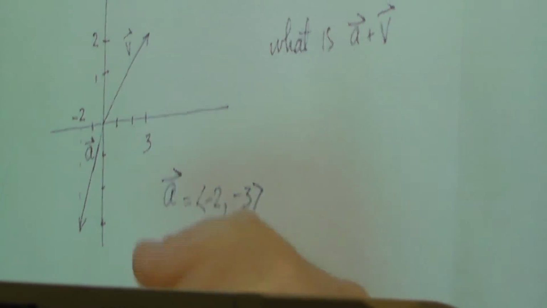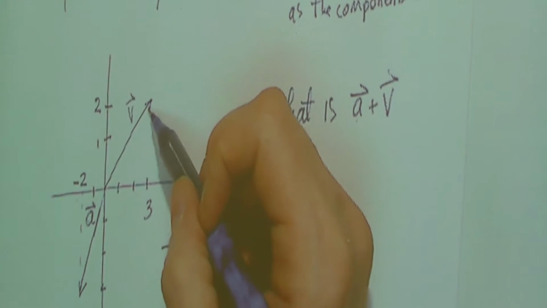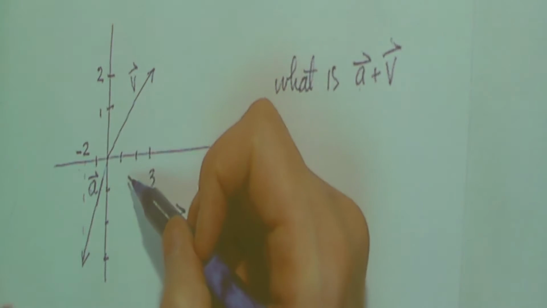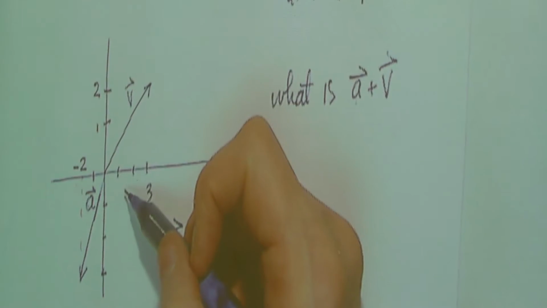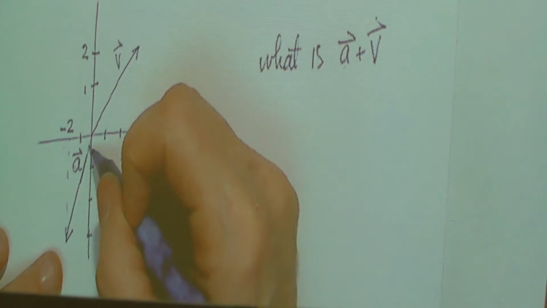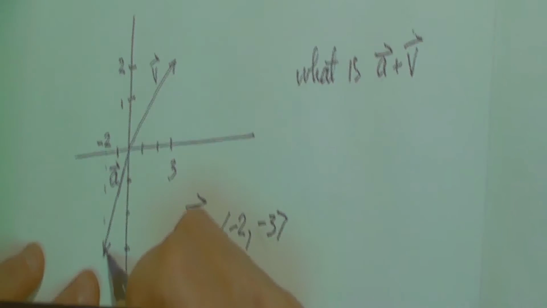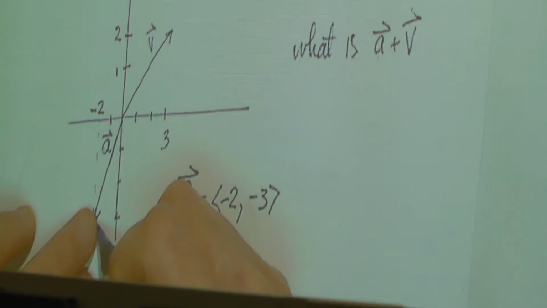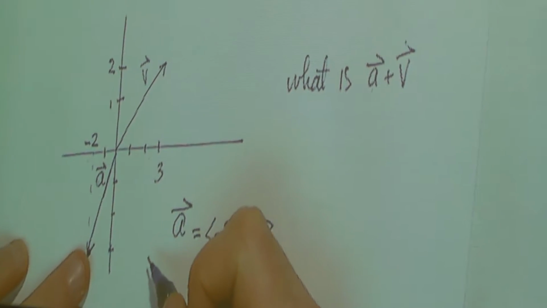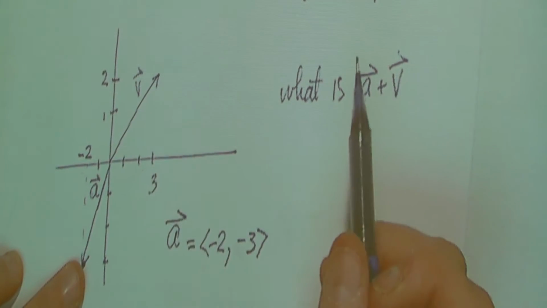So the way in which we would add these would be to place A and V head to tail. And the question is, if I try and draw this in a reasonable way, so I'm going to put V, if I start V here, how far should I go in the X? How far should I go in the Y?